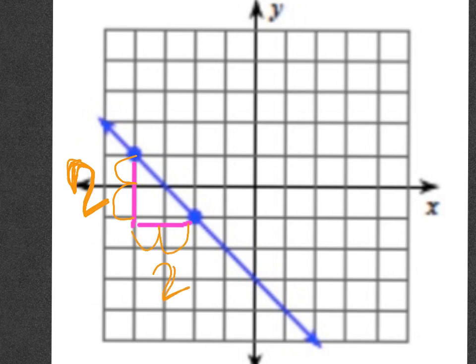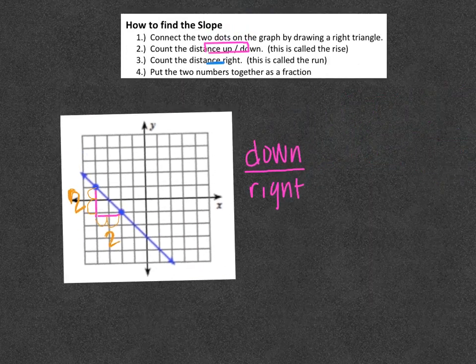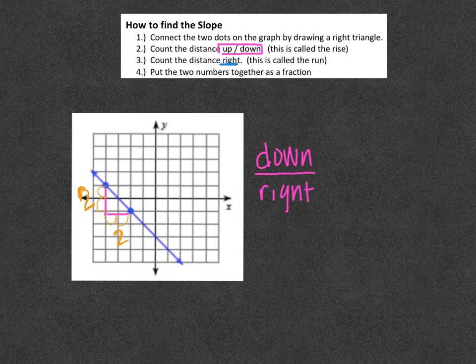And 2 units to the right. Okay, I'm going to put it back in normal. 2 and 2. That's what I got. 2 down, 2 to the right.